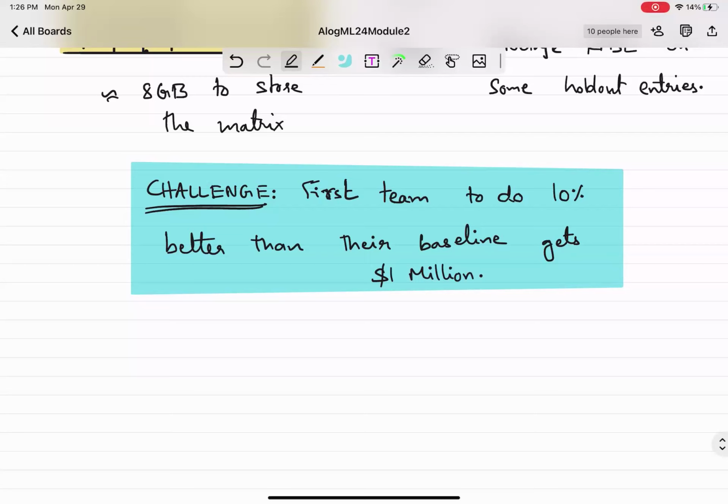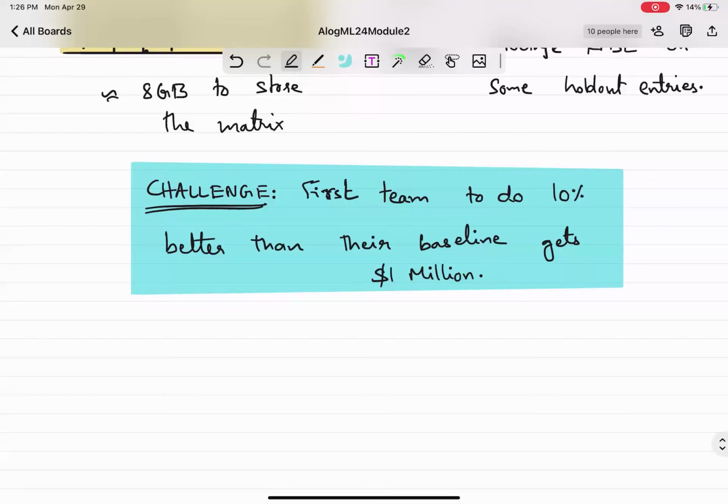We have our baseline model, it gets this particular score. If you beat our performance by 10%, they're not saying solve the problem fully, but if our score was like 0.9, then your error score should be like 0.81. If you beat 0.81, which is 10% better, then you're going to get $1 million. That was their claim.